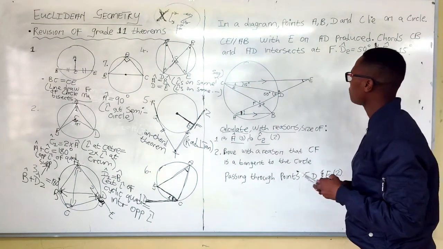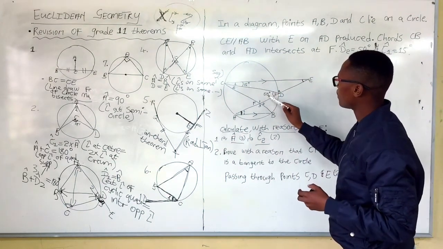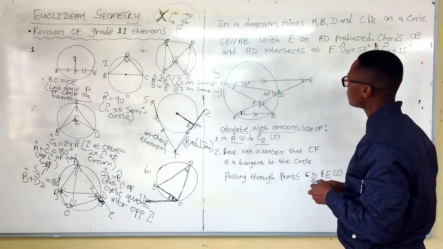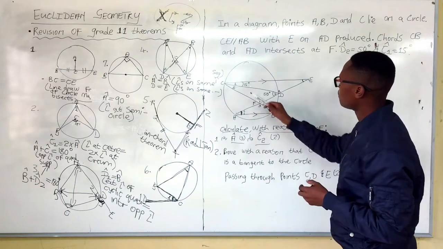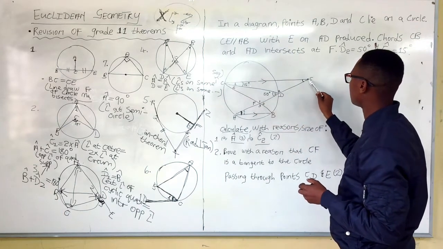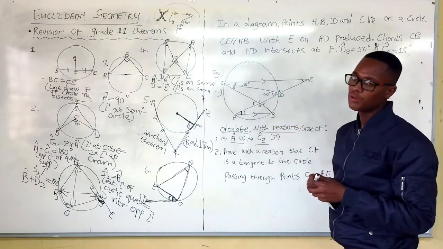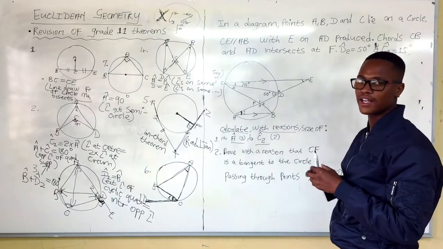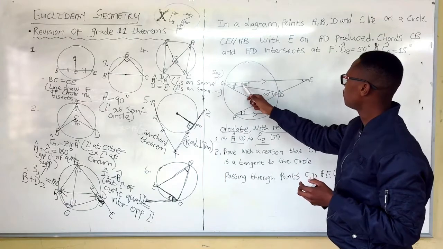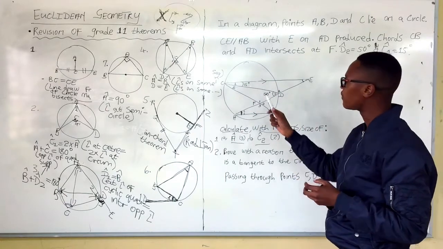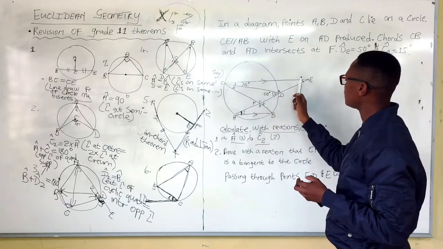In order to get angle E, we look at what we have been given. As you can see, we have been given 50 and 15 degrees. And then we have this triangle. We know that the external angle of a triangle is equal to the sum of the two interior angles.